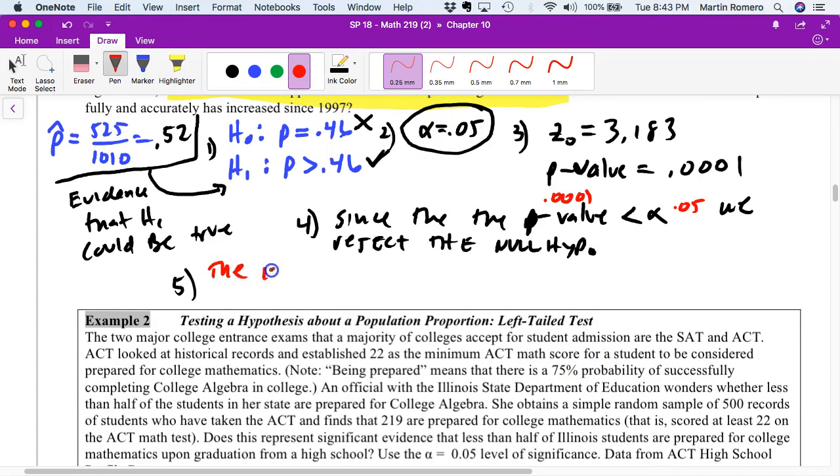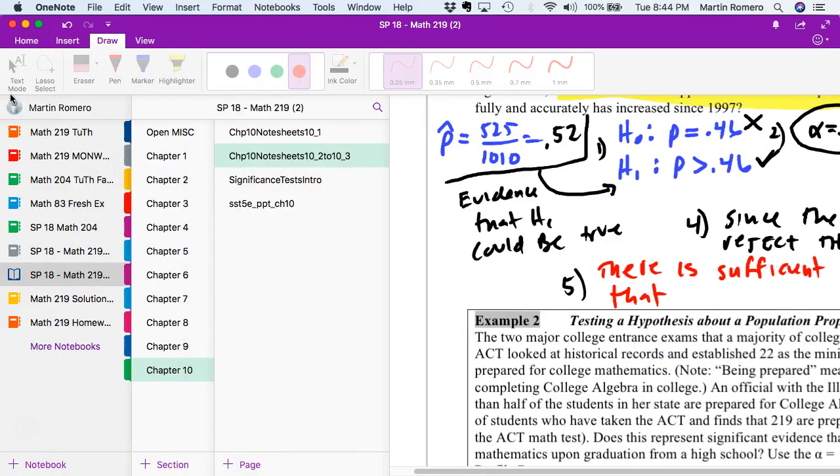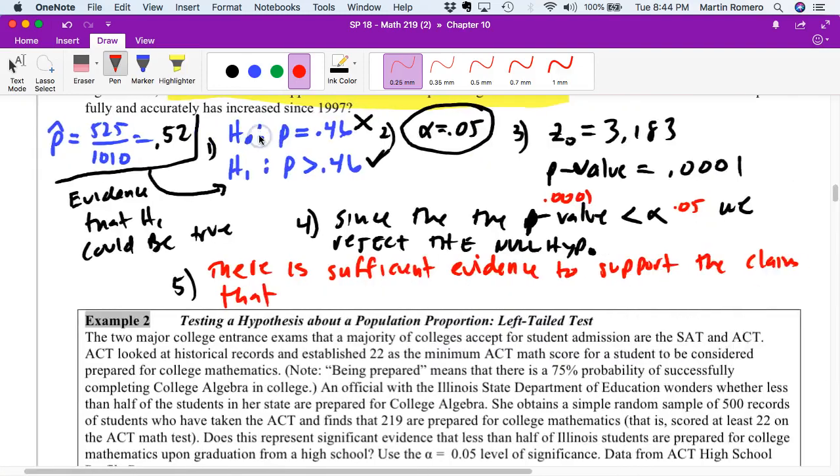We're going to say there is sufficient evidence to support the claim. And again, where am I getting that language from? Right up here.